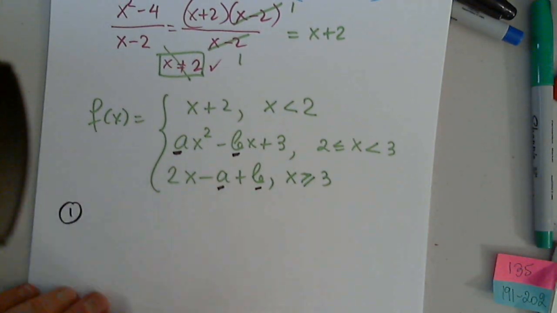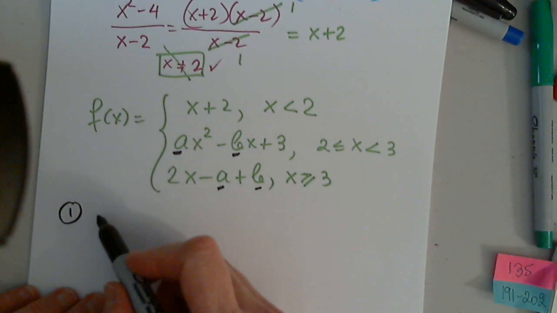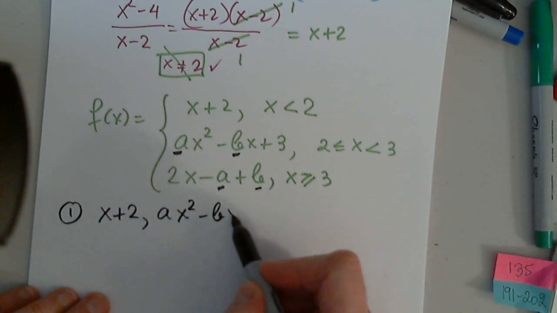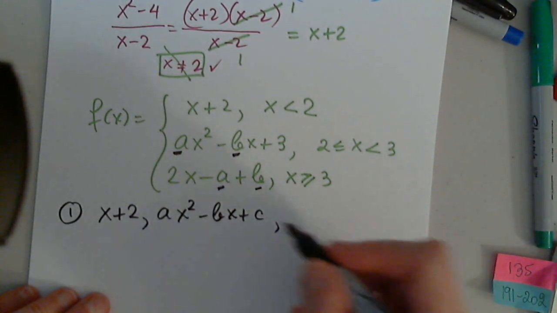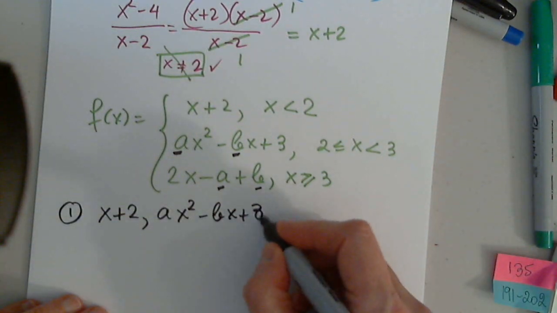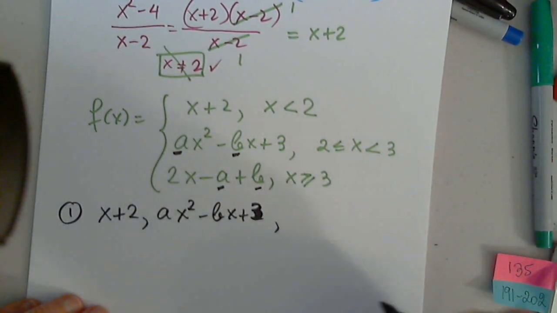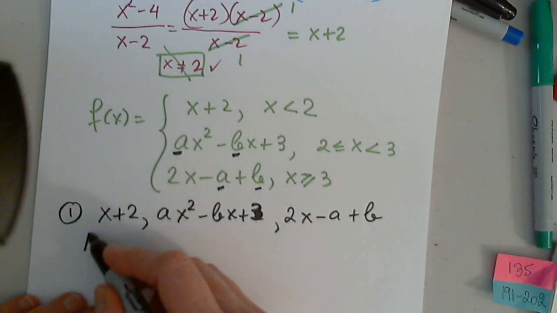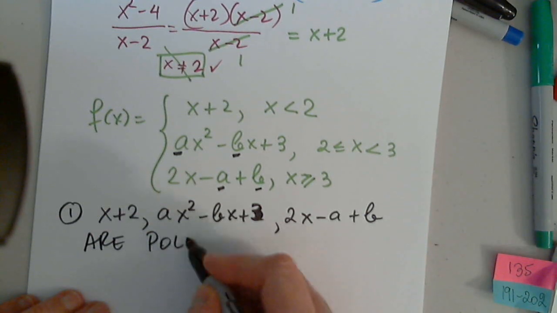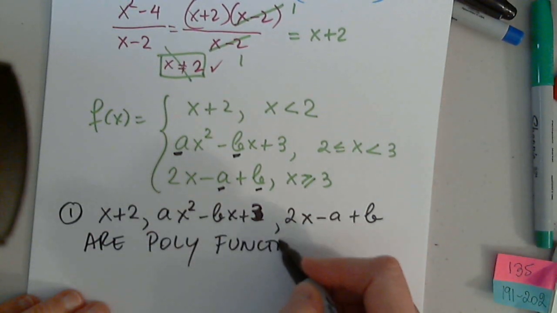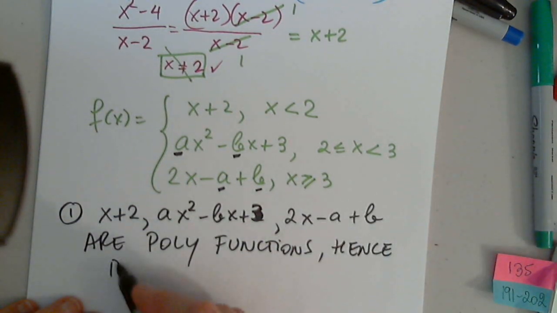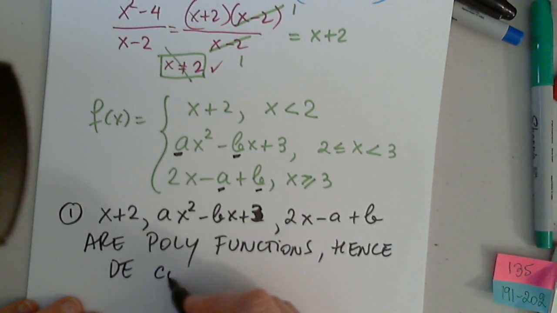Step number 1, I have to identify, which you already did for me. So x plus 2, ax squared minus bx plus 3, 2x minus a plus b are polynomial functions, hence, defined everywhere, and continuous.